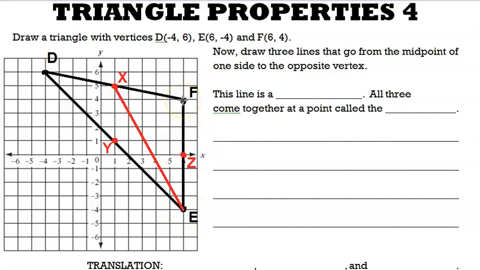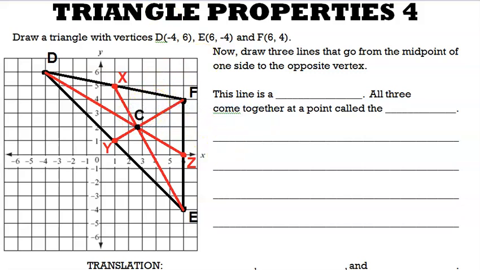One vertex to another midpoint. And just like these other ones, it's absolutely crazy, but it's true. Sure enough, they all met at the same place. I believe for the sake of conversation, I'm going to call this point C.